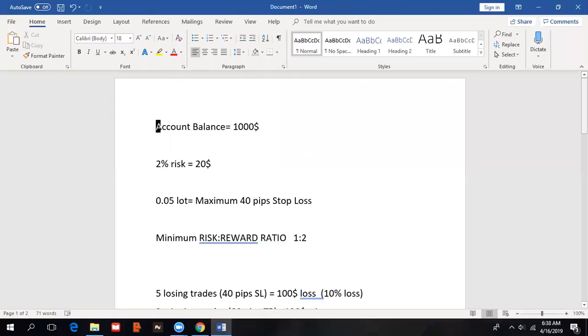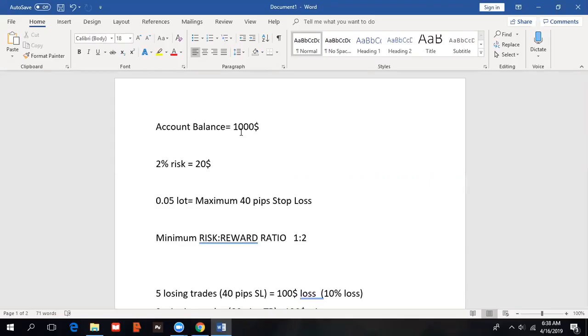risk of a loss. And obviously this is an example I have. If your account balance is 1,000, and what I recommend is always to risk maximum 2 or 3% of your capital per trade. So for each trade you risk only 2%, let's say. So 2% of 1,000 is $20.